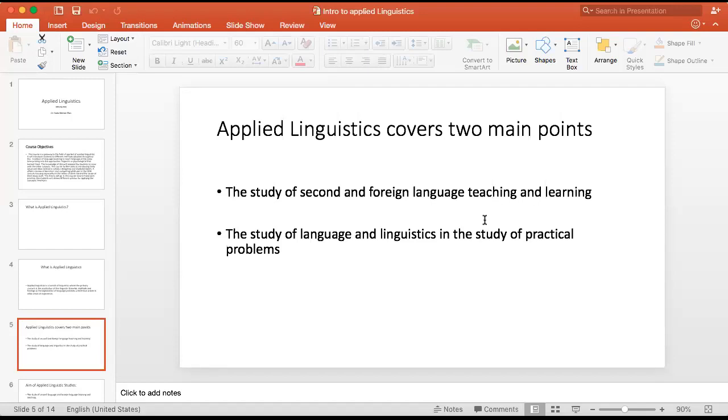And the other group makes the field of applied linguistics still broader, to include other practical problems related to the language besides studying a second or foreign language. It includes first language acquisition problems, language learning, and then the practical problems. And we discussed a number of language problems yesterday.